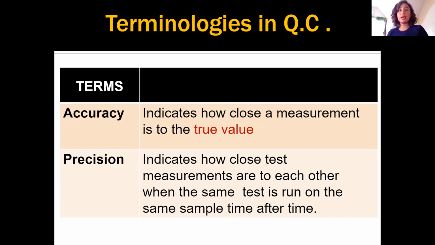So, example, an archer is very precise when it hits the bullseye for talagang tuloy-tuloy. Okay? Para bullseye talaga. So, a basketball shooter is very precise kung consistent talaga siyang nakaka-shoot. Yan. So, kung consistent yung laboratory method mo, it's highly precise. Okay? So, pag sinabi natin, oh, the test is very accurate, so the test result is close to the true value of the body. When we say, oh, the test is very precise.